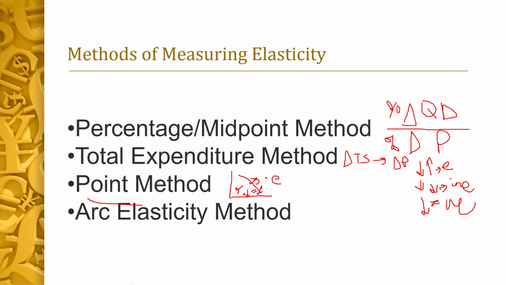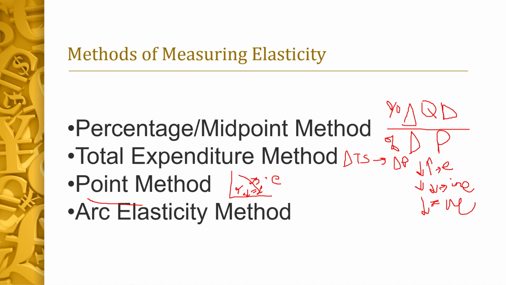For example, if a company wants to know elasticity at a current market price, here the point method gives the precise measurement. The last method is the arc elasticity method. This method is used when there is a larger or substantial change in price.